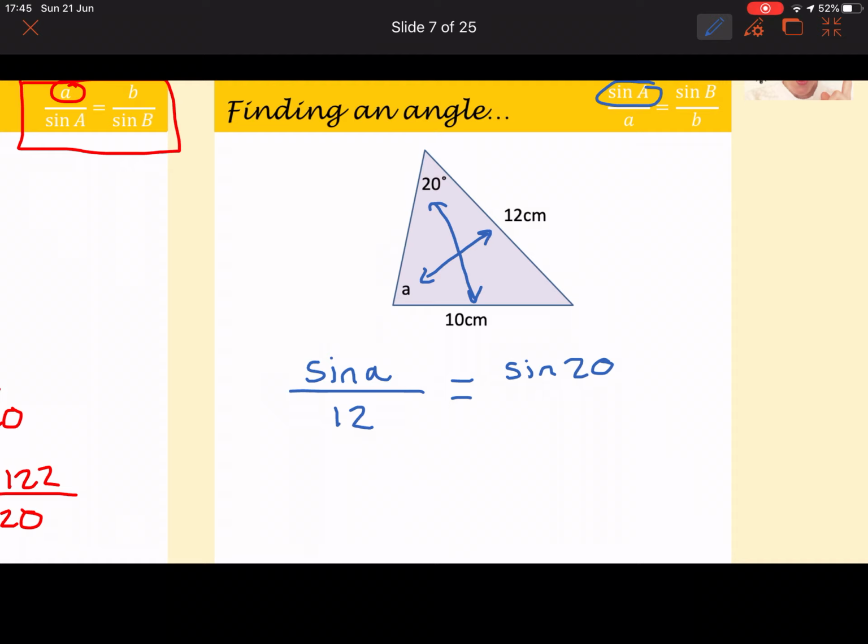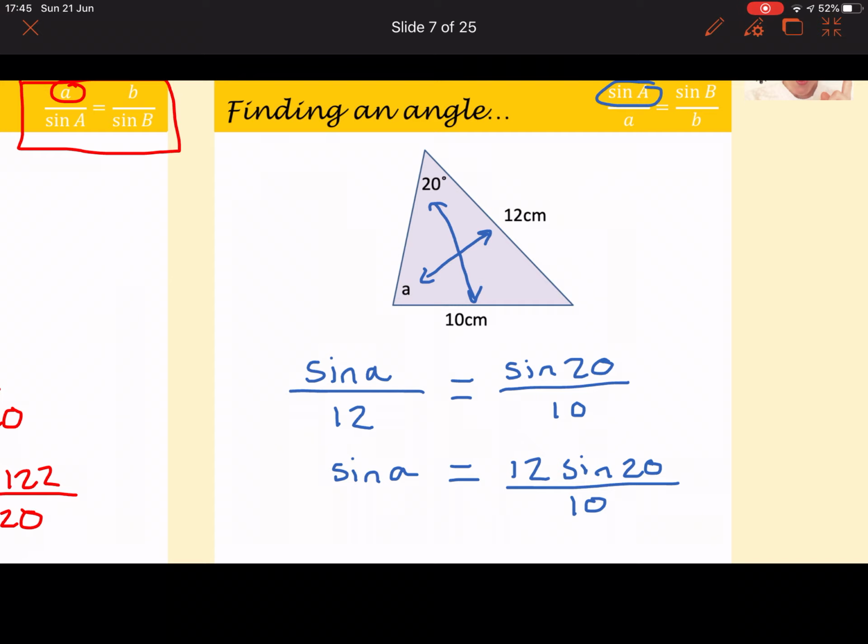should be equal to sine of 20 over 10. Now to rearrange, we want sine A on its own, so we have to multiply both sides by 12. So this becomes 12 sine 20 over 10.